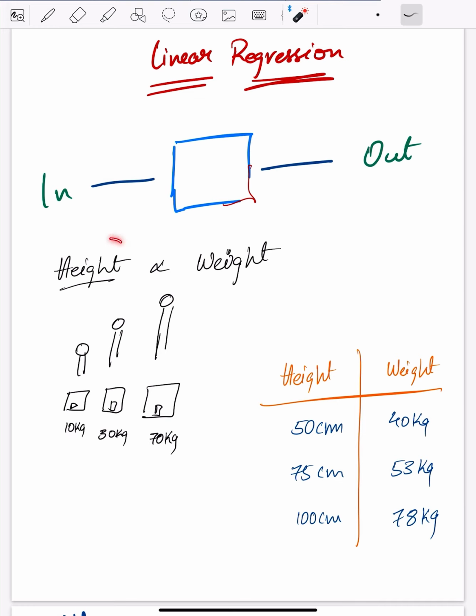So we can just say the height is proportional to weight. We are taking that concept, and there is some proportionality, that height is proportional to weight. So what you're going to do is put this into math and see. For instance, let's say someone comes and says his height is 80 centimeters. We are going to teach a kid that if he is 80 centimeters, what is his weight?